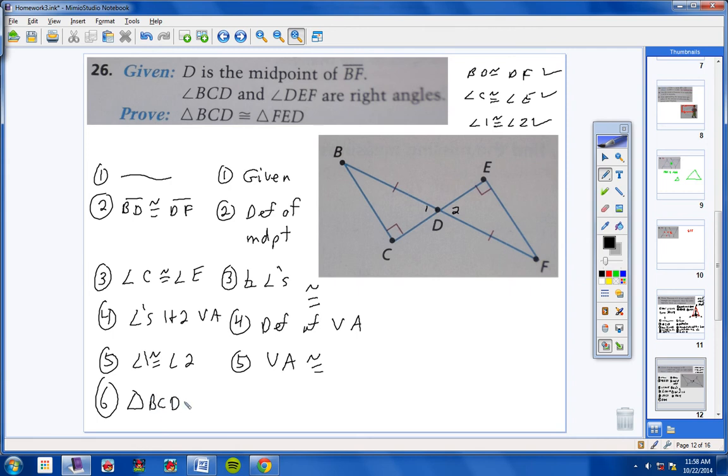If you put B first in BCD, be sure to put F first, and then next is C. So if C is next, then E has to come next, and then of course last is D. And that's it. That's exactly what you're trying to prove. So the reason was angle side. Not too bad.